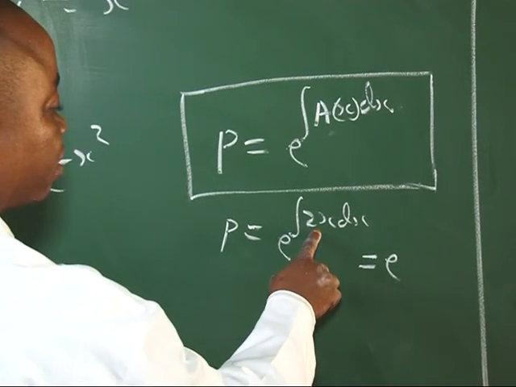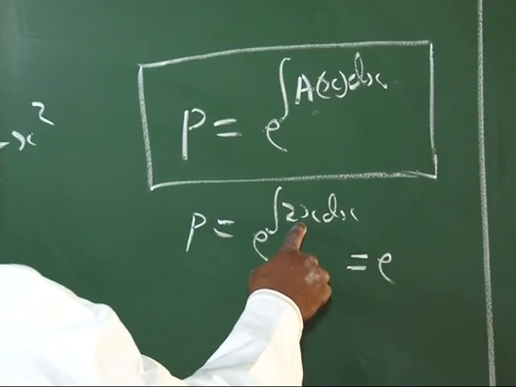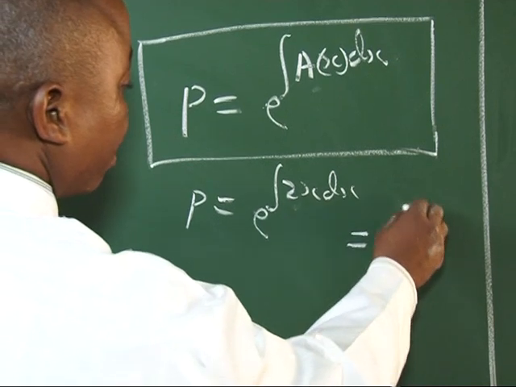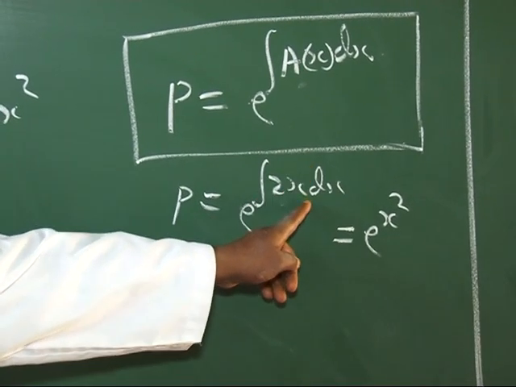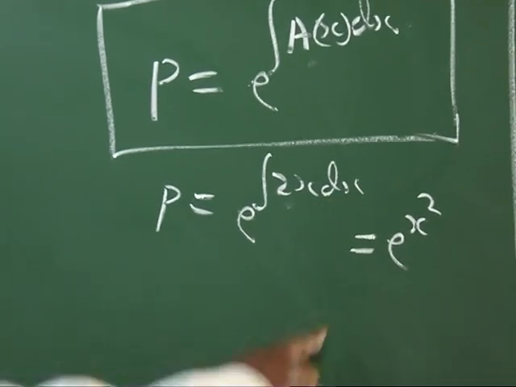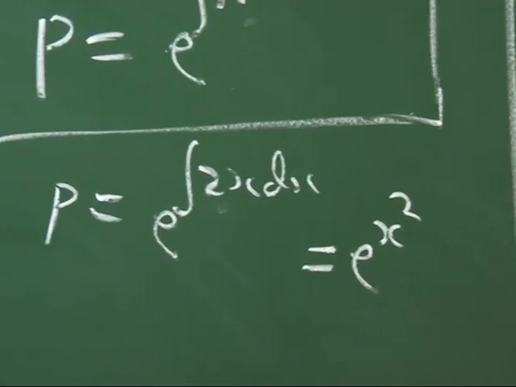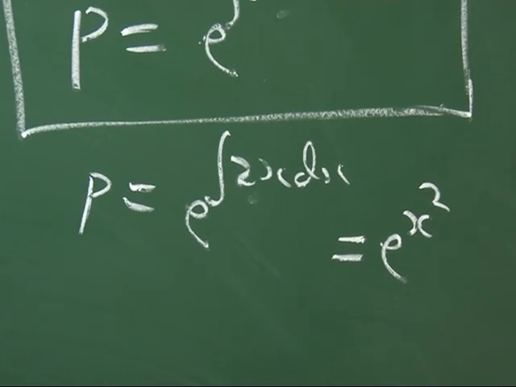If you integrate 2x, you have x squared, because here it will be 2 over 2. So this is our integrating factor, exponential x squared.